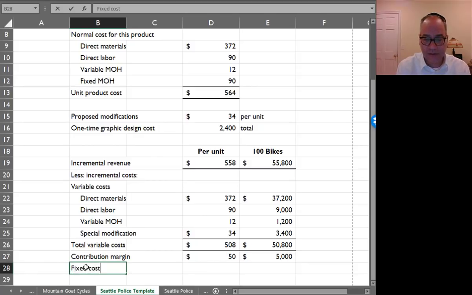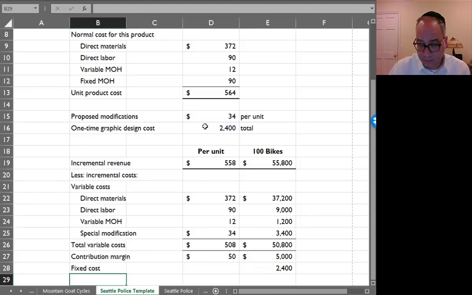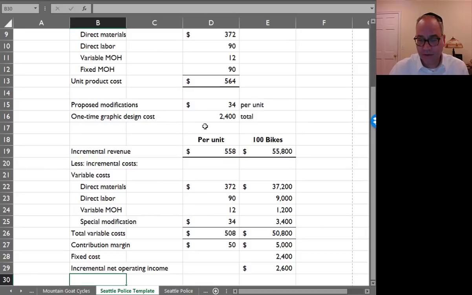And then the fixed cost is going to be $2,400. So then your incremental net operating income would be $5,000 minus $2,400, or $2,600.